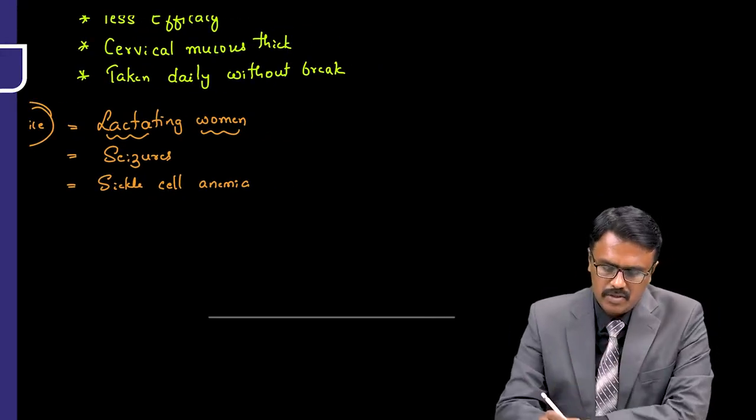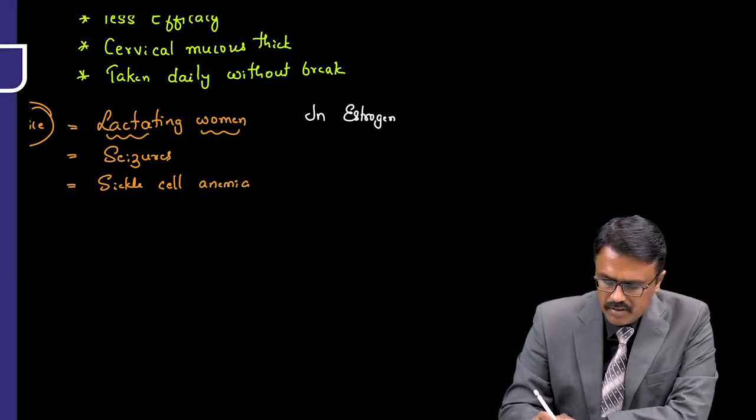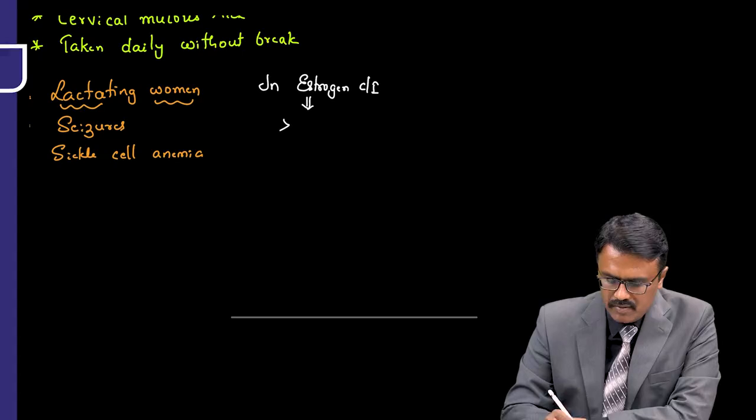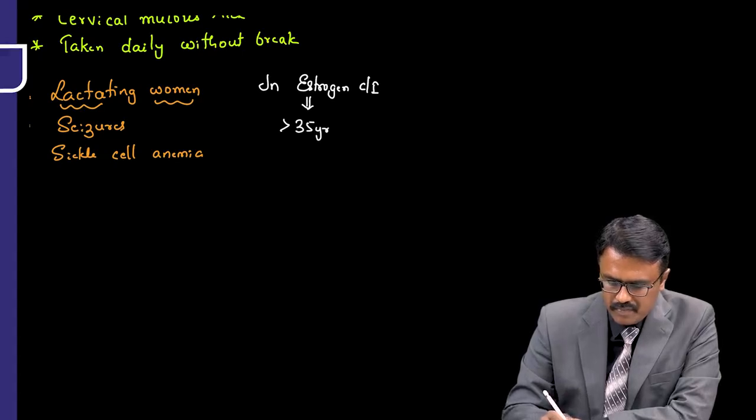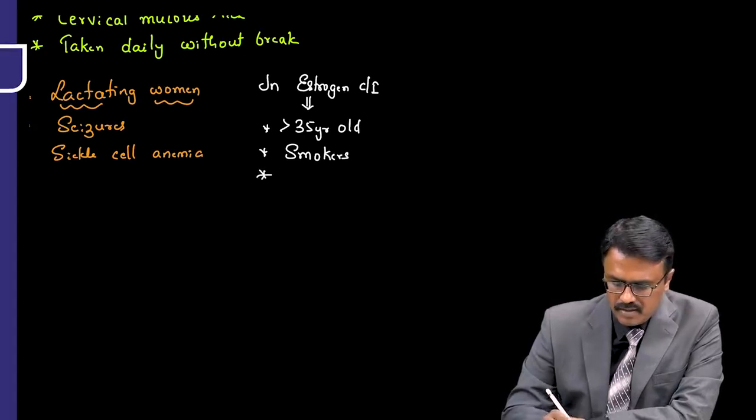Now, it is also preferred where estrogen is contraindicated. In estrogen contraindicated condition also we prefer this. So what are the estrogen contraindicated conditions? More than 35-year-old and require contraception, or if they are smokers, or if they have a risk of DVT, that is venous thromboembolism.